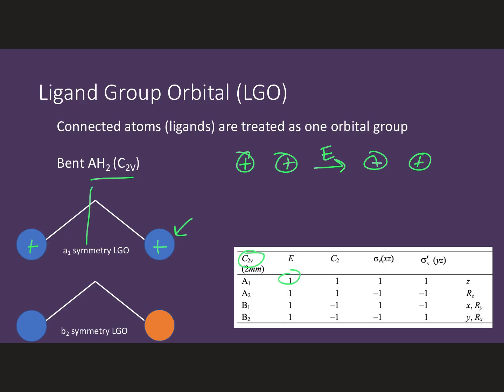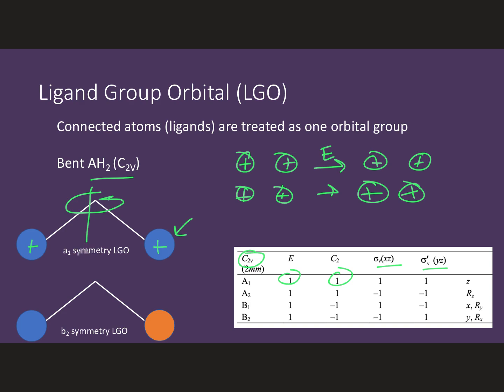So if I do my C2 rotation, here's my axis here. So I would have now a positive, positive goes to a positive, positive, right? Again, we have that. And we could do that again for the other two symmetry operations. And for this positive-positive combination, we'd see that we get 1s all across the board.